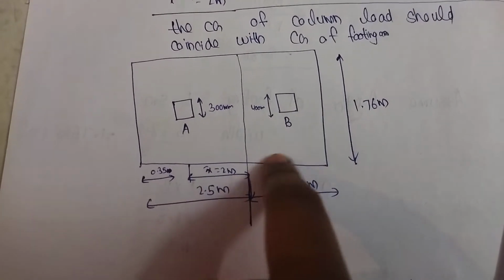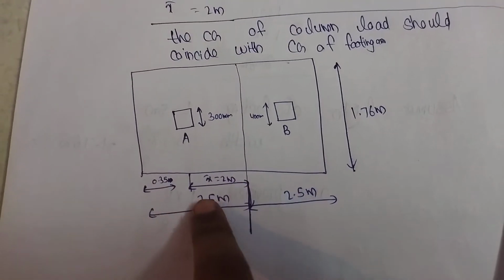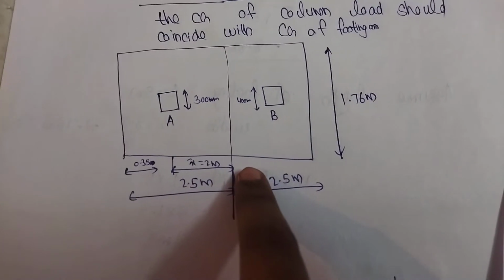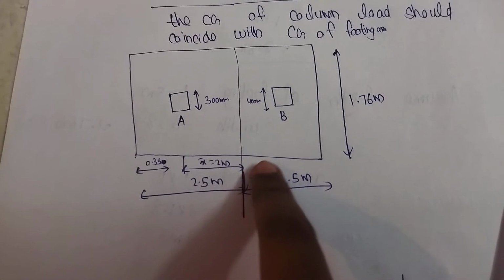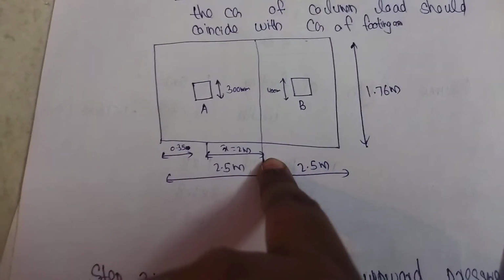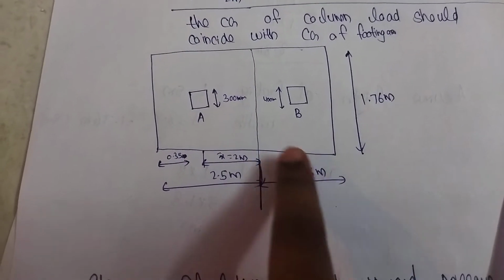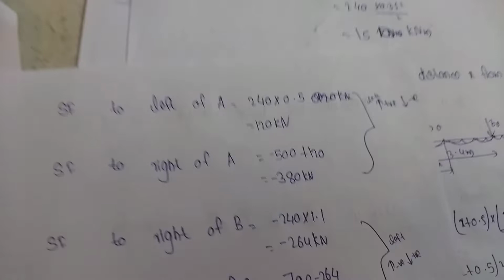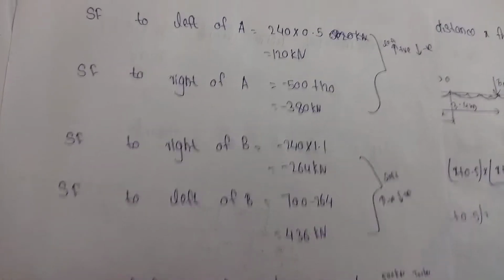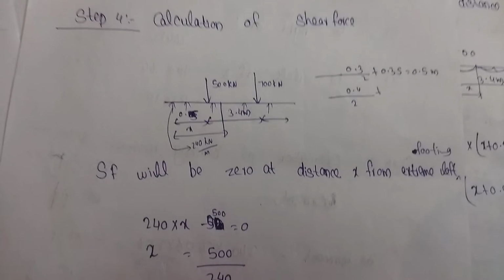So take the half value, that is 3.4 minus 2 gives 1.2 meter, plus this 0.2 meter gives the center to center distance with this one. Then subtract this 2.5 with that one. That gives 1.1 meter.